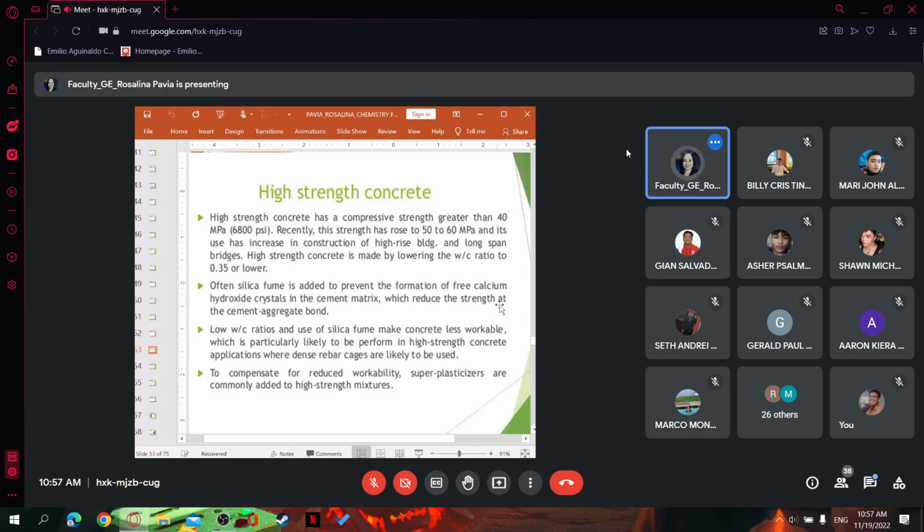Calcium hydroxide. I'm talking about calcium hydroxide. I mentioned this during the beginning of the discussion of concrete. Actually, sa start pa lang ng cement and concrete. Recall.